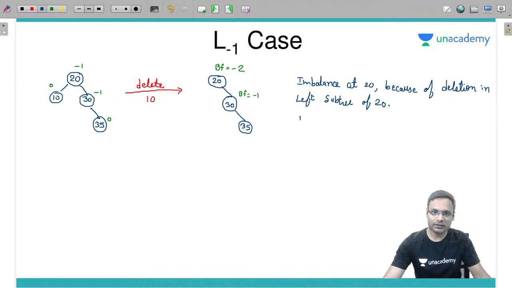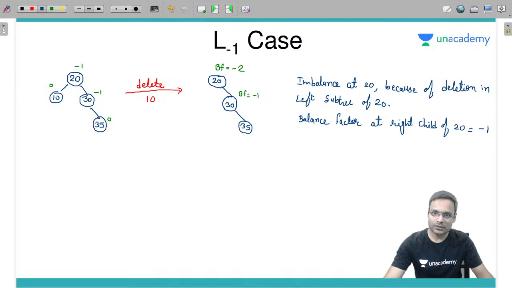Balance factor at right child of 20 is equal to minus 1. In this case, the case becomes L minus 1.